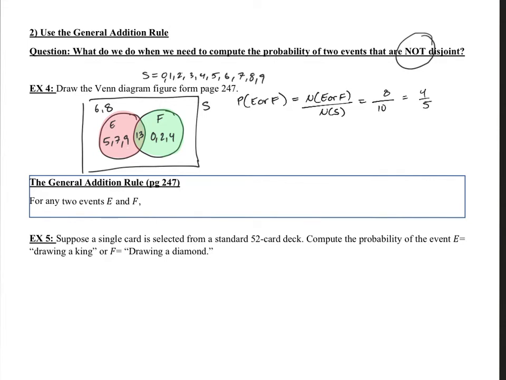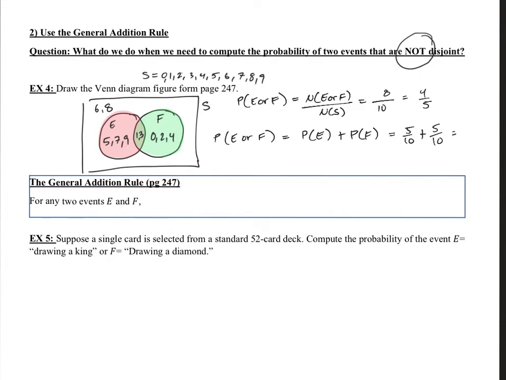So if we tried to use the addition rule for disjoint events, and break it up like we did previously, the probability of E plus the probability of F. The probability of E would be 5 items out of 10, plus the probability of F, which would be 5 items out of 10.